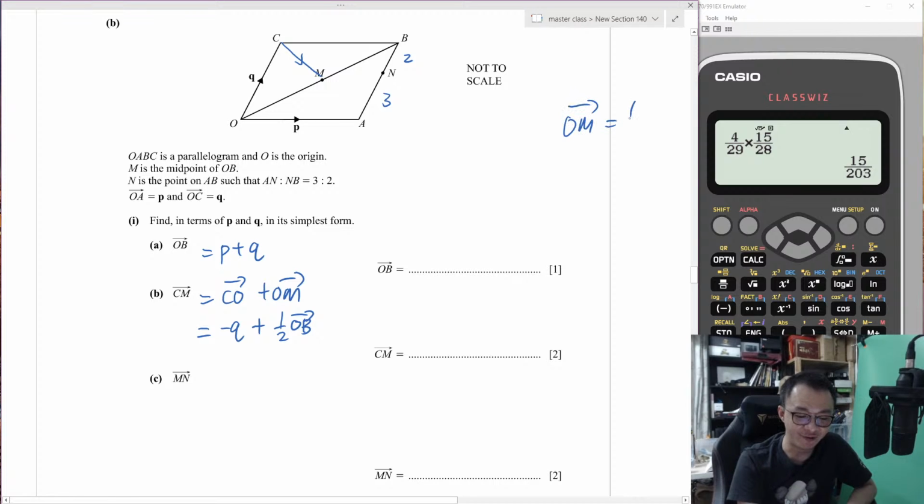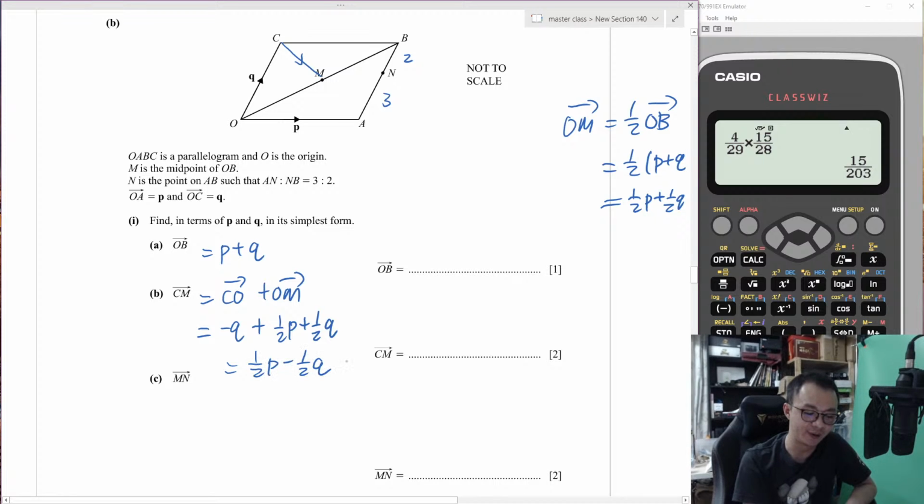And we know our OB is P plus Q. So this one is half P plus half Q. If you understand this one, then I will straight away say this is half P plus half Q. Then I will just minus, so it will be half P minus half Q, because -1Q plus half Q gives half P minus half Q.